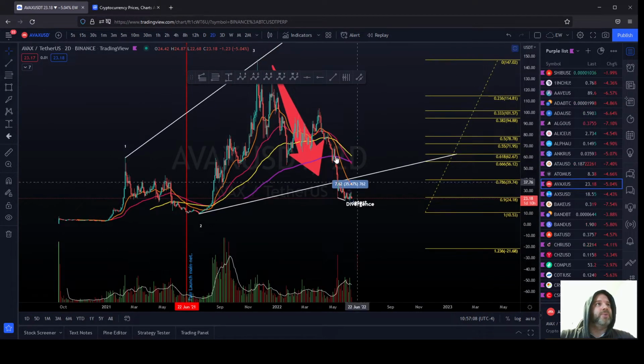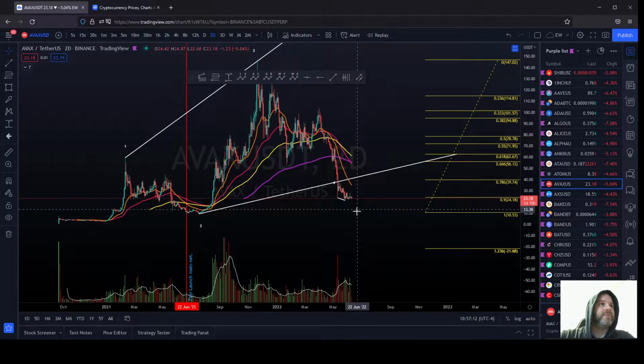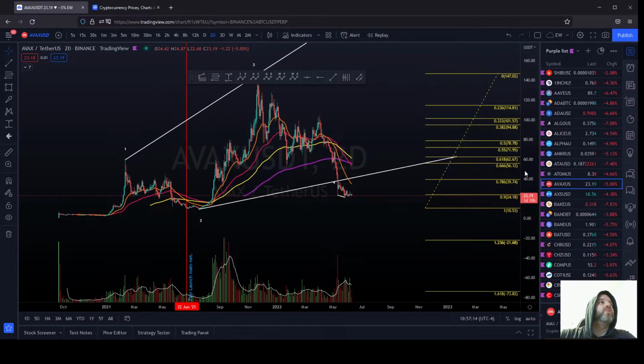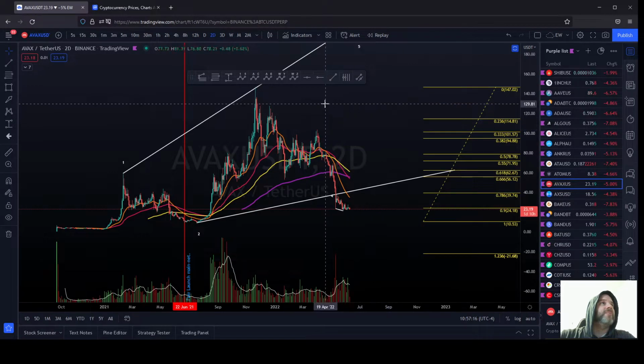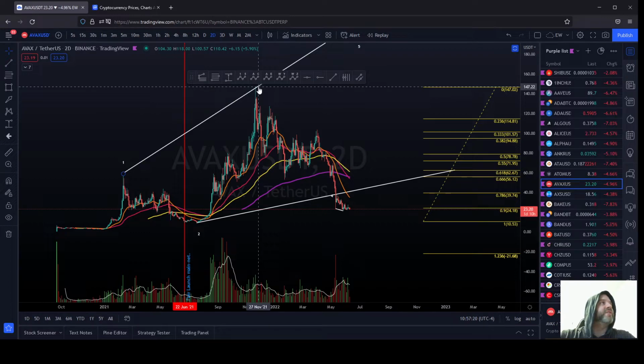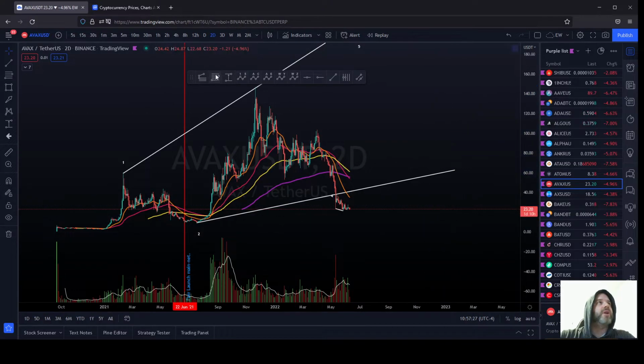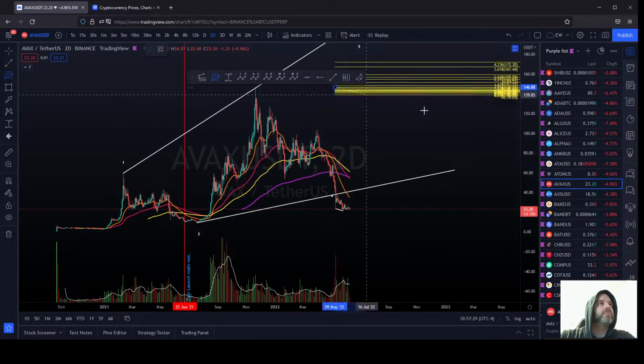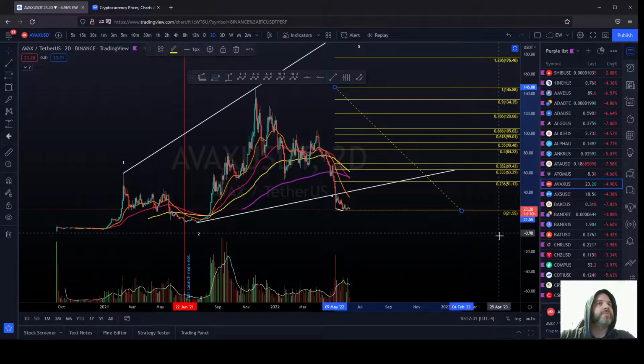Let's go back to lesson 3 and measure a fib just for the fun of it, right? So we have the all-time high here, $147 on AVAX. So if we do the Fib retracement, let's say the bottom's in, right? The bottom's in.